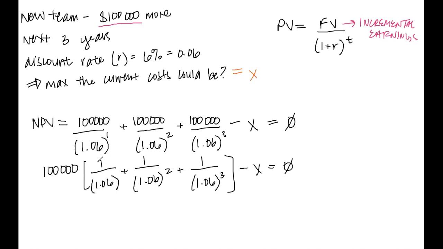Then plugging the part in the brackets into your calculator, I got 0.943 plus 0.890 plus 0.840.